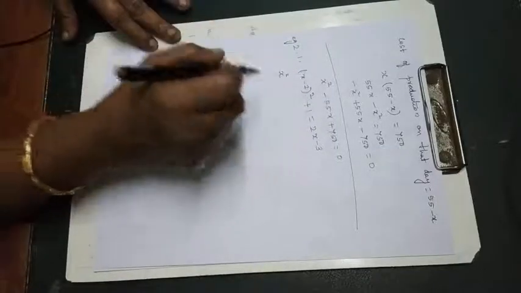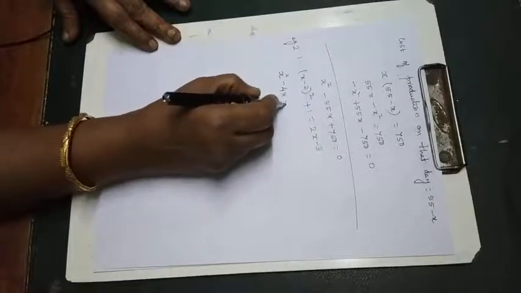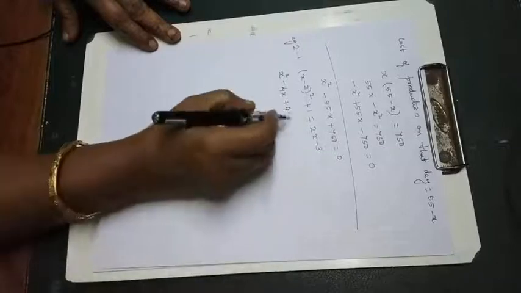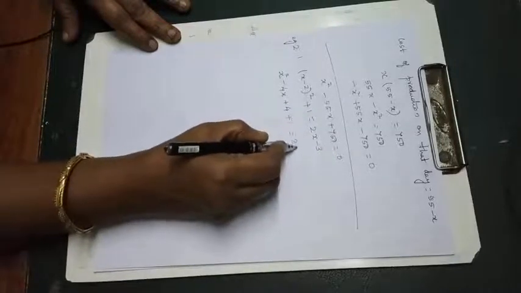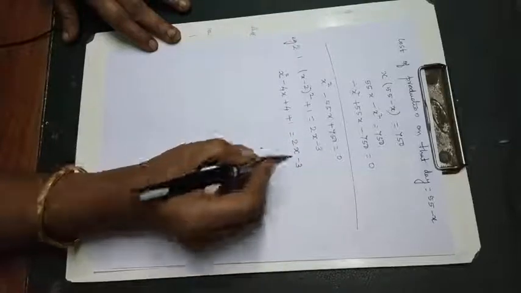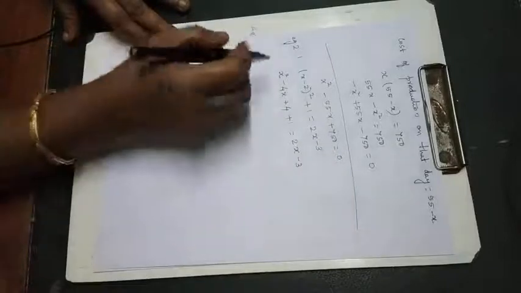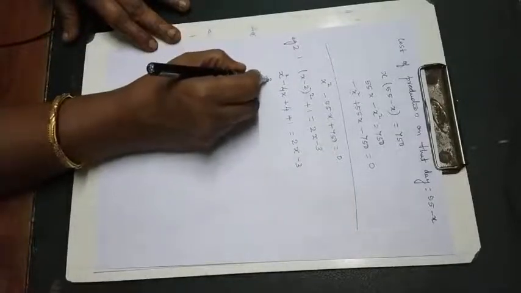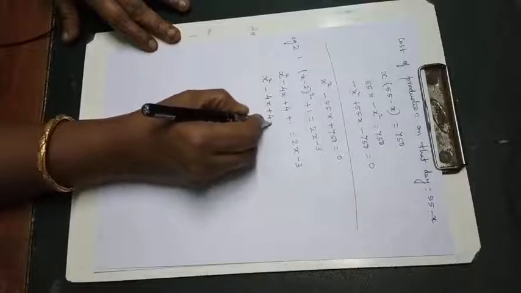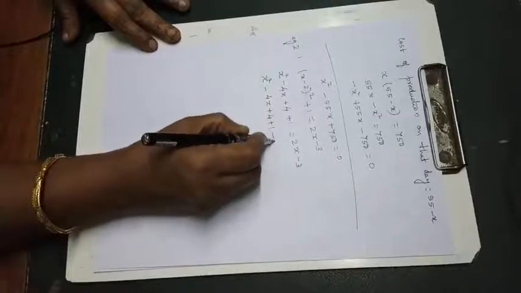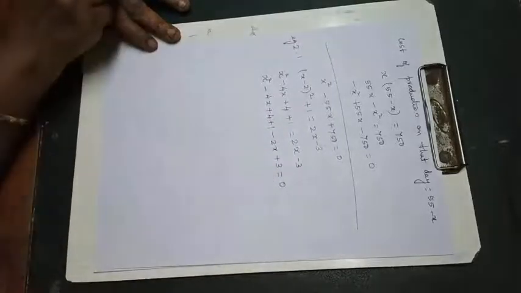So open the bracket, x square minus 4x plus 4, then plus 1 here, that is equal to 2x minus 3. Now take that 2x minus 3 to the side, so you will get x square minus 4x plus 4 plus 1 minus 2x plus 3, that is equal to 0.